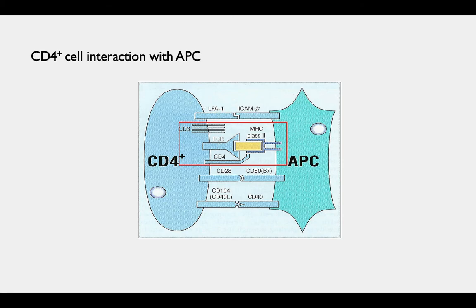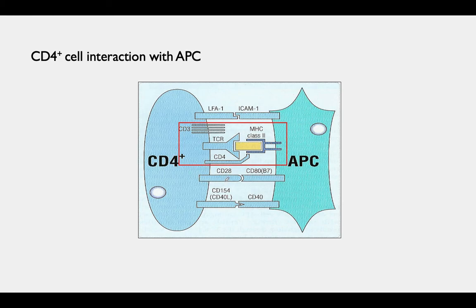Now, LFA1 and ICAM are adhesion molecules. Imagine someone giving you a present. You have to shake hands, right? CD4 does this. CD4 has to shake hands with MHC class 2, in the B cell region of MHC class 2, because MHC has many regions.